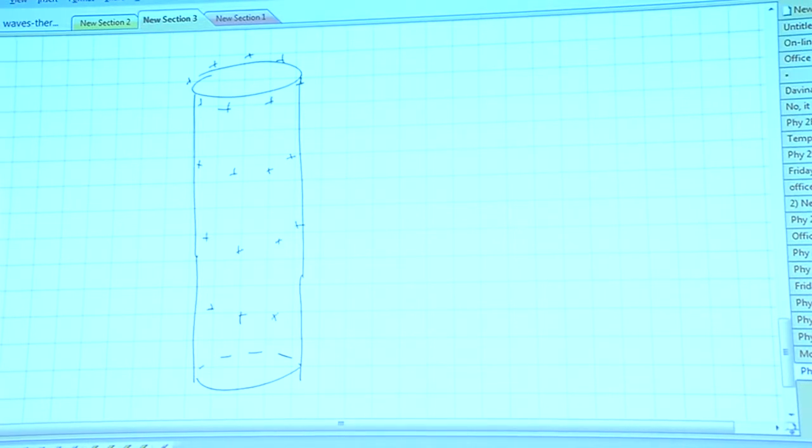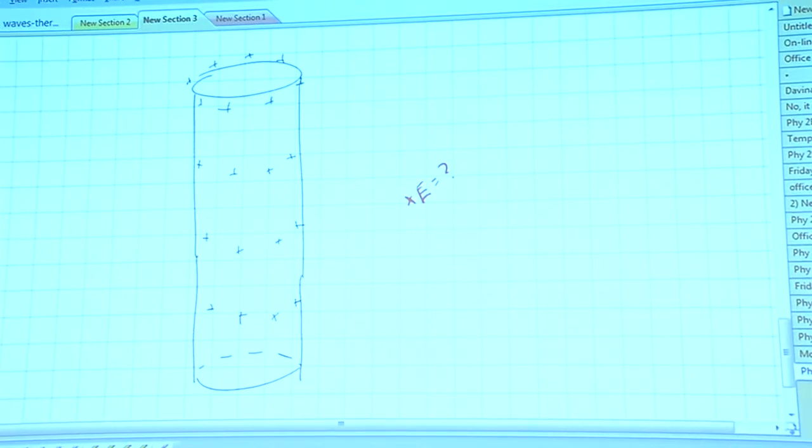What do you think we could treat this as if we wanted the electric field out here somewhere? What happened to our spherical charge distribution when we were outside of it, when we had spherical symmetry? What could we do with it?